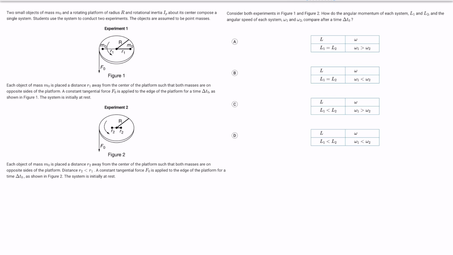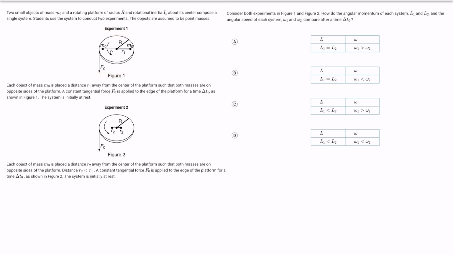Good, so it looks like in experiment 1, each object of mass m0 is placed a distance r1 away from the center of the platform, such that both masses are on opposite sides of the platform. A constant tangential force F0 is applied to the edge of the platform for a time delta T0, as shown in figure 1. All right, so everything we just read is discussing this setup for experiment 1.